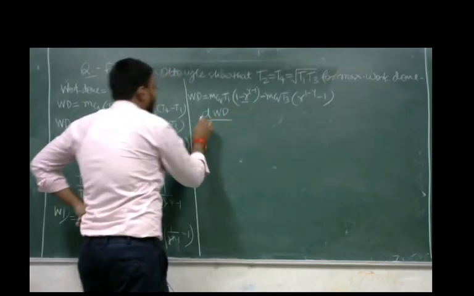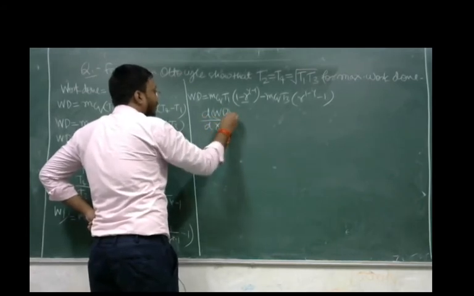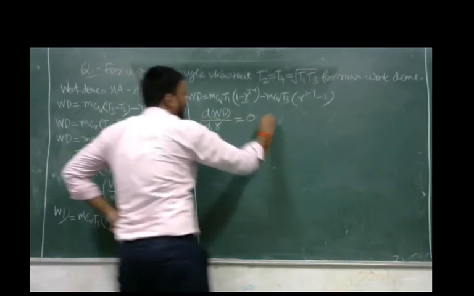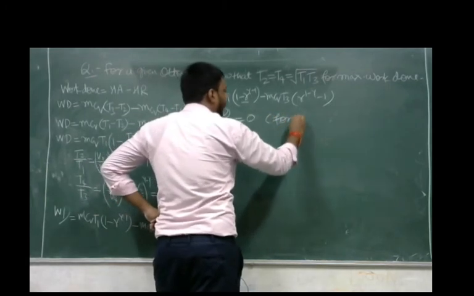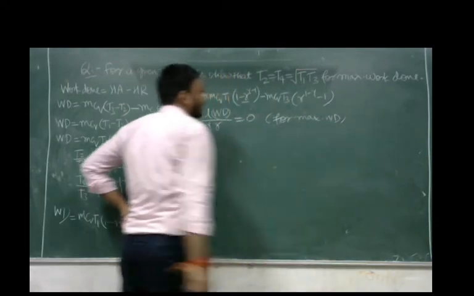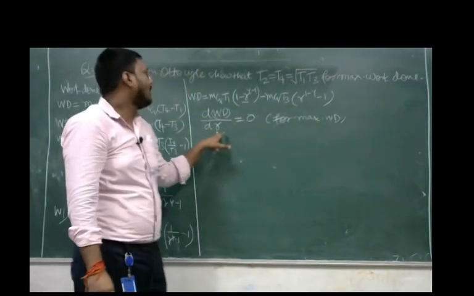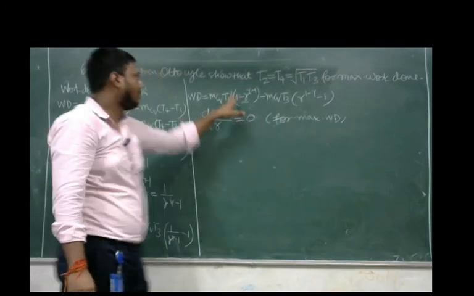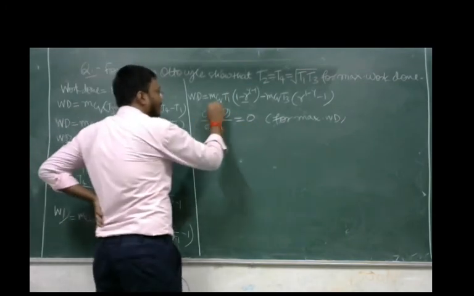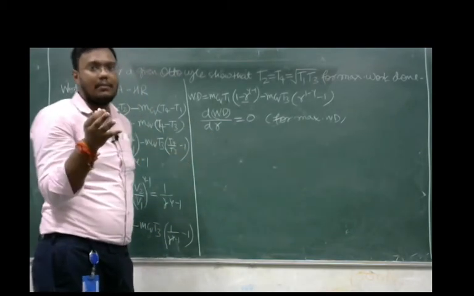So d by dR of work done should be equal to 0 for maximum work done. It is the condition of maxima. So differentiate this whole equation with respect to R and put it equal to 0. You know very well how to differentiate; this is basic calculus.